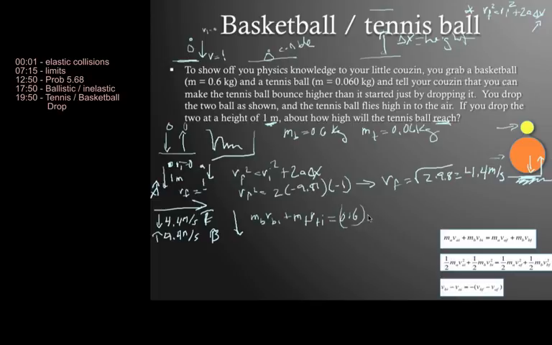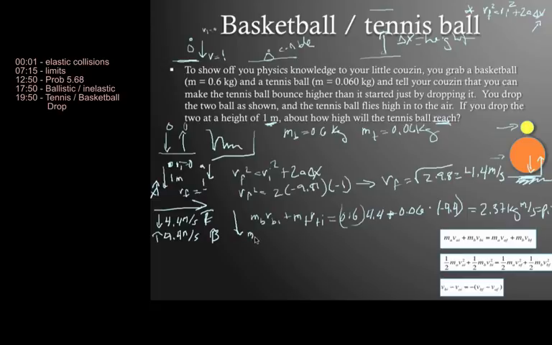VB, the ball is moving up, so that's that 4.4, plus mass of the tennis ball, 0.06, times it's moving down, so that's a minus 4.4. So when we plug that in, we get our 2.37 kilogram meters per second. That's our initial momentum. And this is going to be equal to the final momentum.